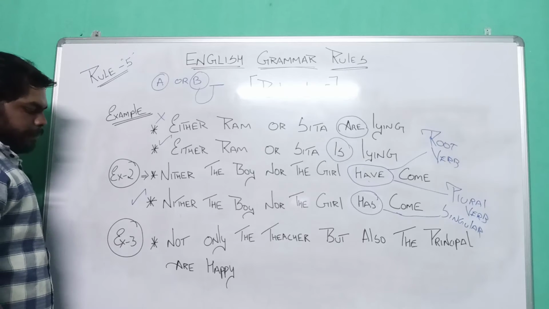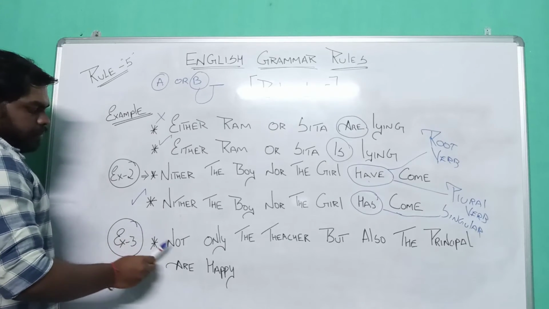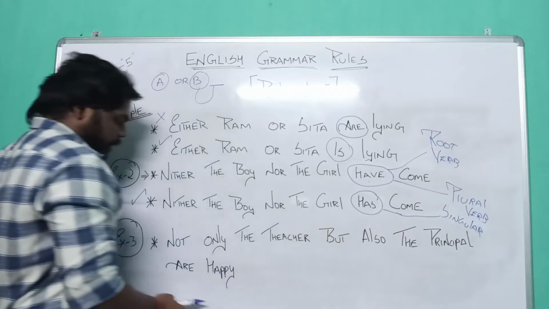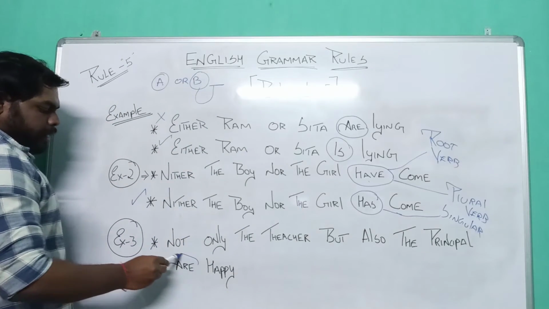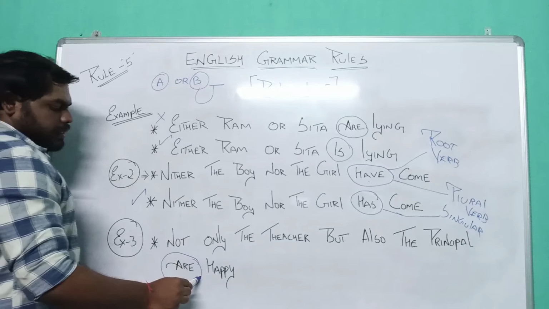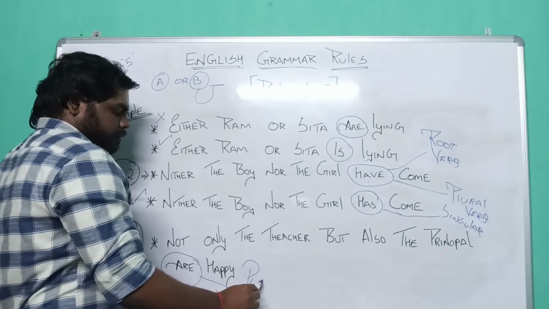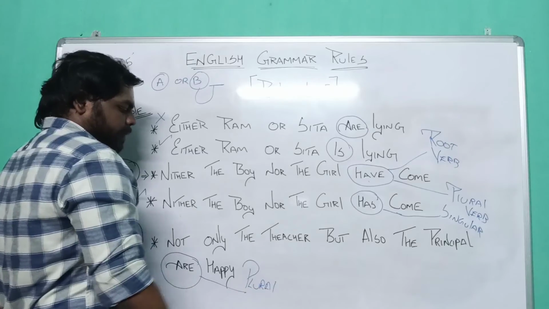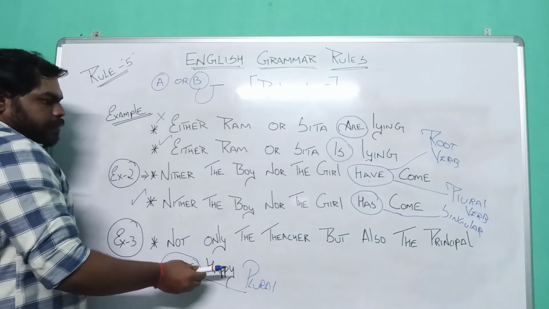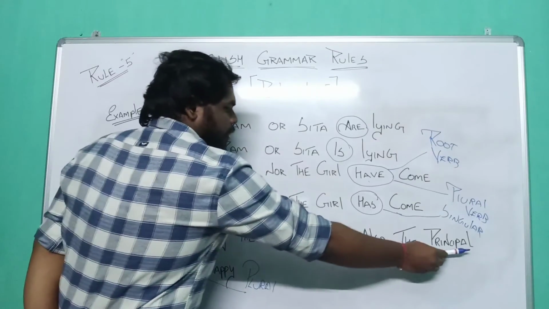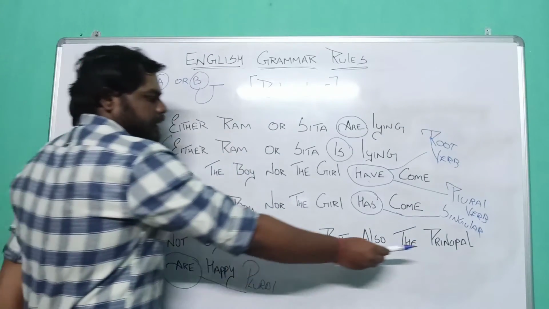Now let us see the last example. Not only the teacher but also the principal are happy. Are, as we all know, is a plural form. The subject near the verb, the principal, is in singular form.